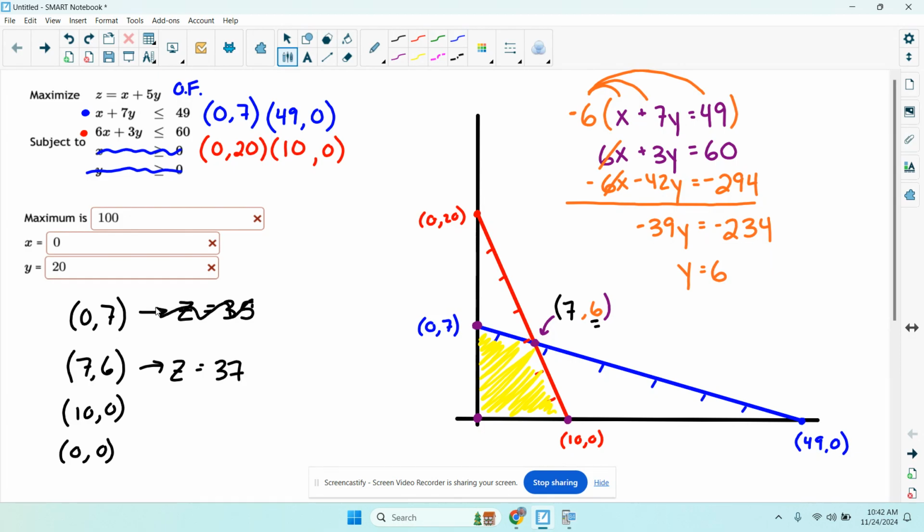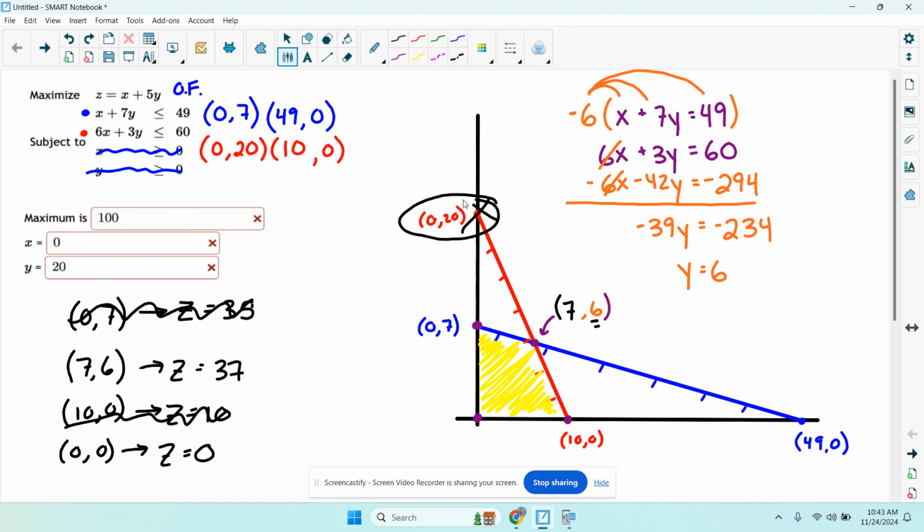So I know this isn't the answer. If I plug in 10, 0, I get z equals, well, that just means the x is 10, so I get z equals 10. So I know this isn't the answer. And the last possibility would be 0, 0, in which case I just get z equals 0. The problem with that answer is that this point is not part of the feasible region, right?